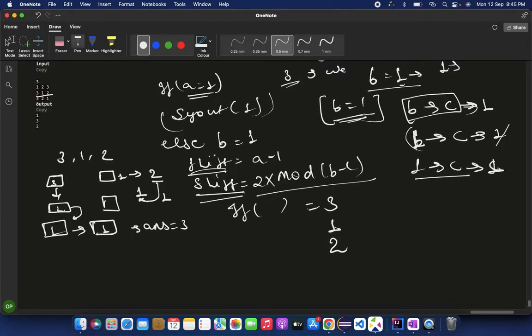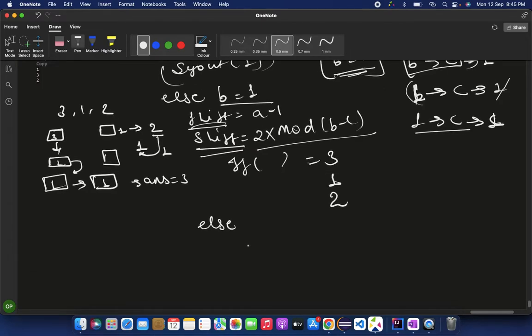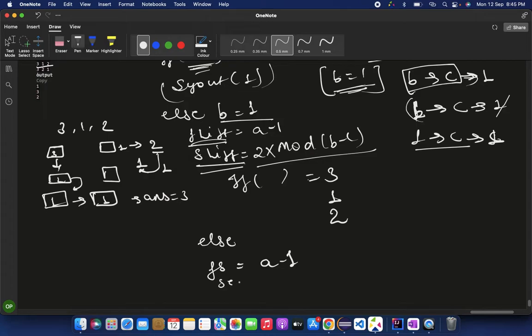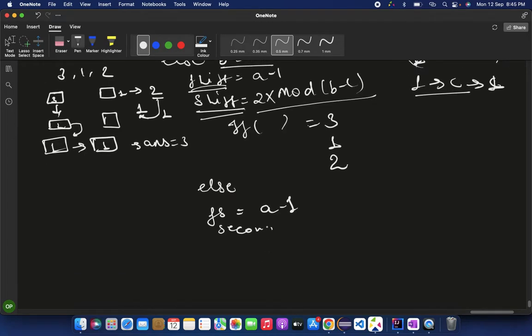Now the last case, in which neither a nor b is equal to 1. In that case, the first lift time will be the same, that is a minus 1, and the second lift time will be mod of b minus c plus c minus 1.